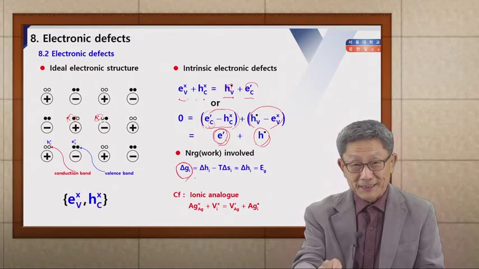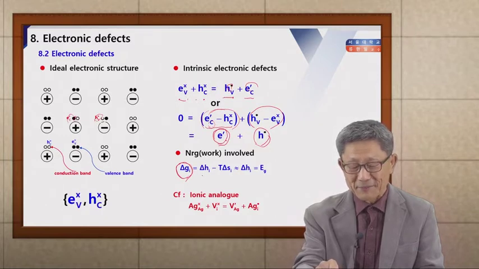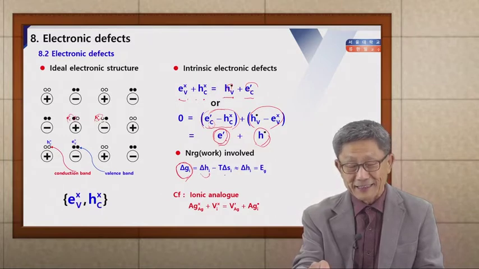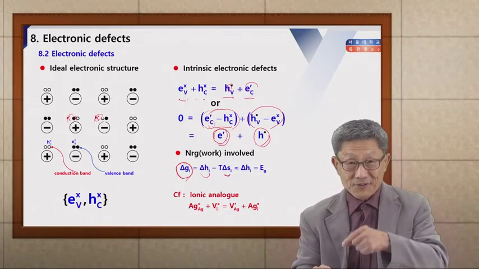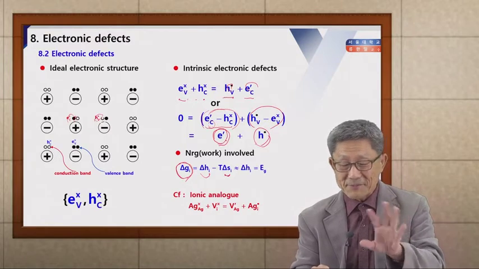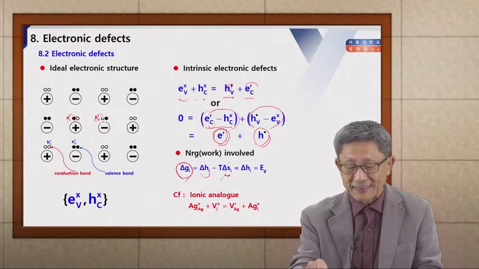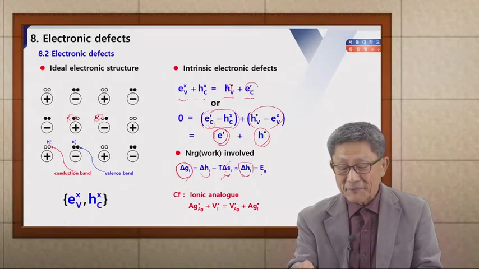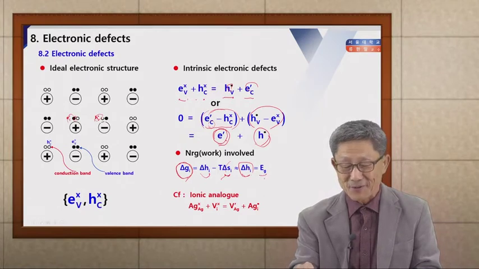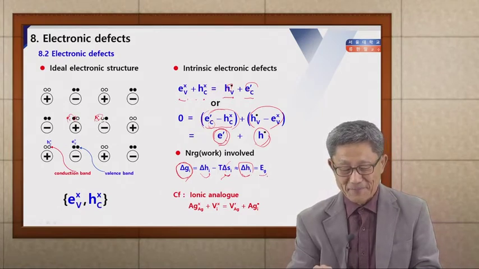Due to the thermodynamic identity, this Gibbs free energy is nothing but the combination of enthalpy and T times entropy. But the entropy associated with the electronic excitation is negligibly small. Therefore, normally it can be neglected, and then you have only the enthalpy term. This enthalpy term is normally called the band gap in solid state physics jargon.